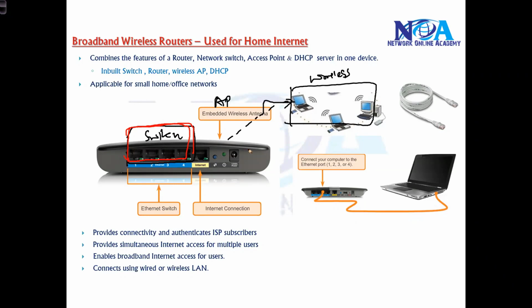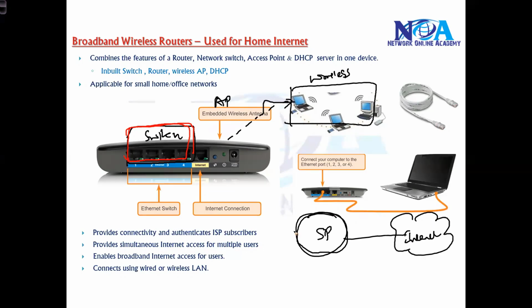And at the same time, you get a connection from the service provider from where you connect to the internet, and the service provider will provide the connection for only one user normally, which means if you are trying to connect multiple devices, you need a router to share that internet connection. So the connection comes on the WAN. There is a WAN port, typically written either internet or WAN.